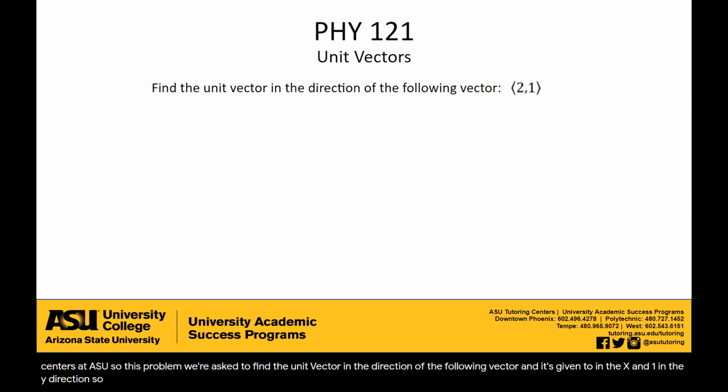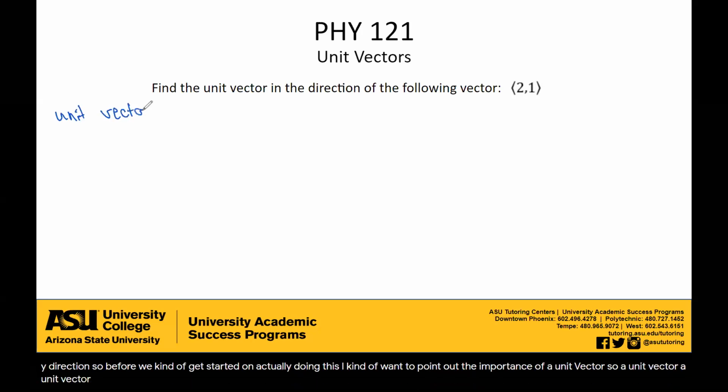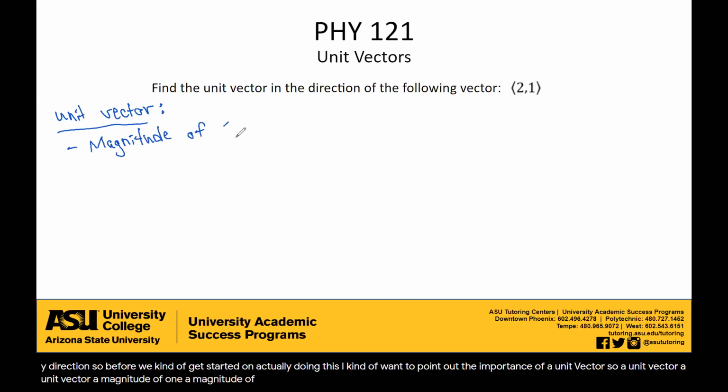Before we get started on actually doing this, I want to point out the importance of a unit vector. A unit vector has a magnitude of 1. What this essentially means is that unit vectors are extremely important for determining the direction that something is going in.